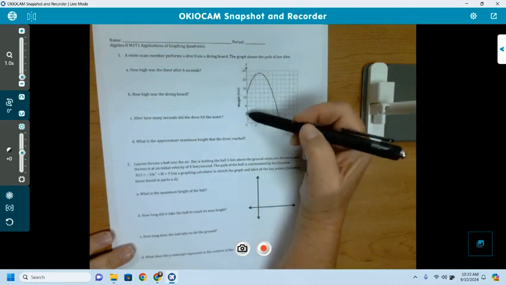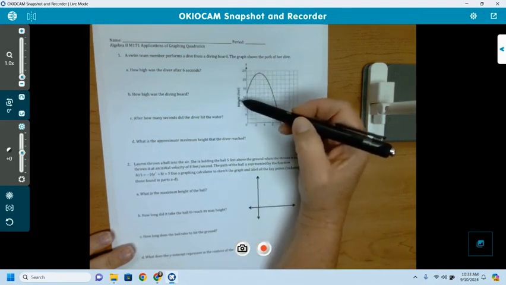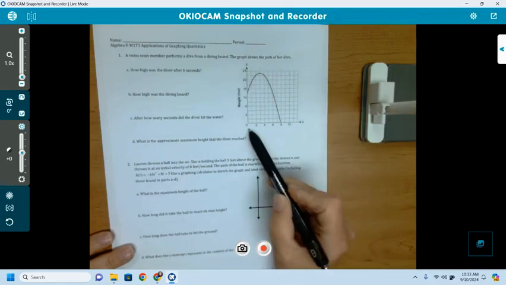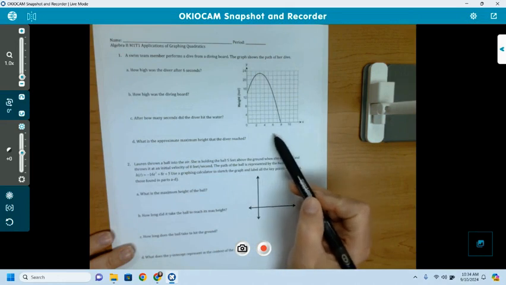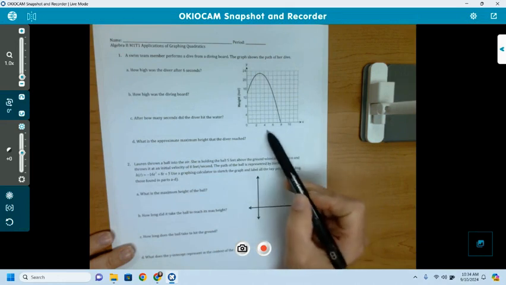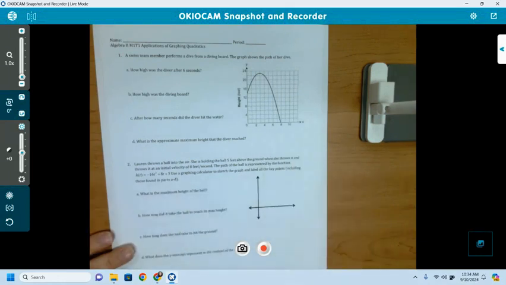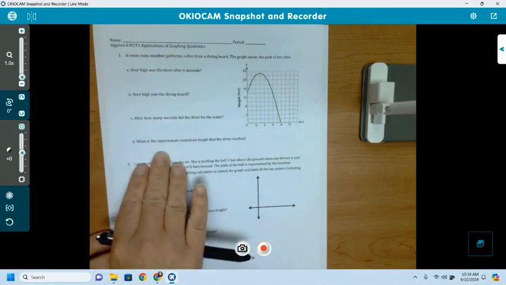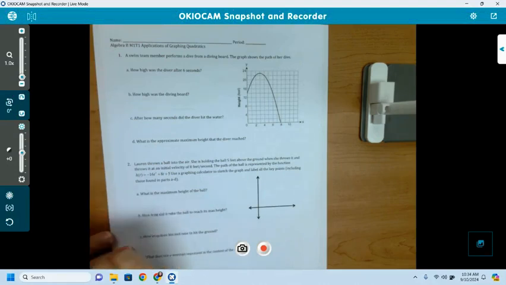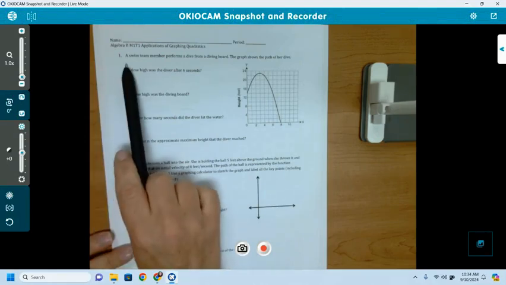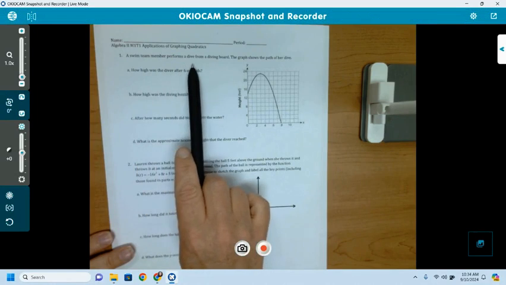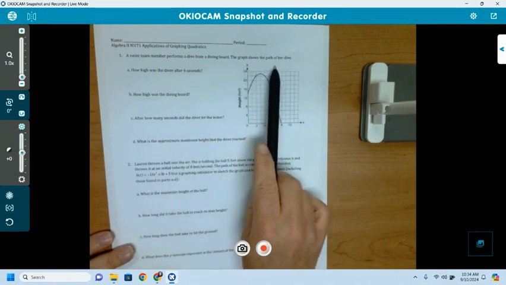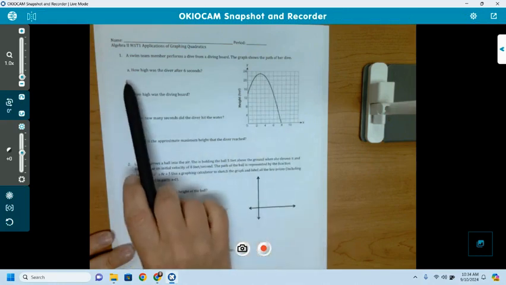I see the y-axis is labeled with height in feet. The x-axis is actually not labeled. We still need to know what this should be labeled as. Let's see if we can gather that information from the questions. The question says, a swim team member performs a dive from a diving board. The graph shows the path of her dive.